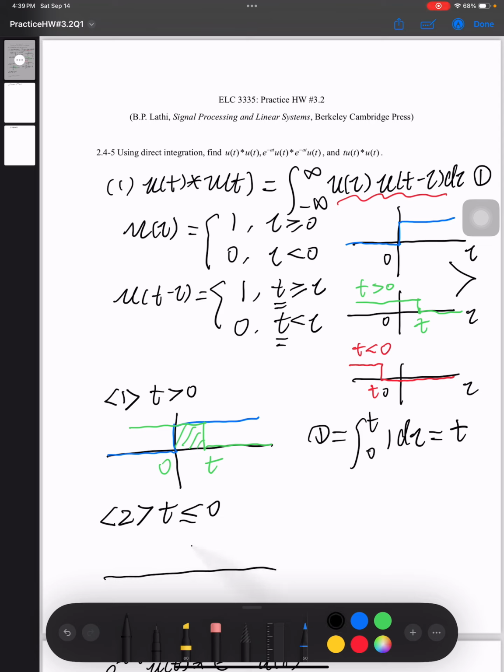The plot is going to look something like this, the blue one and the red one. We can see these two have no overlap between them. So the original one is just equal to 0.